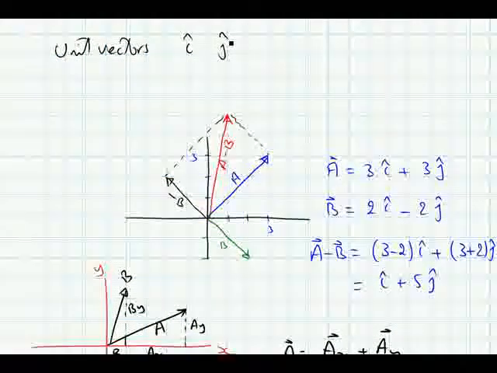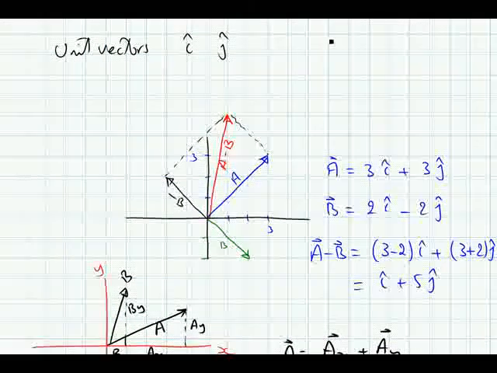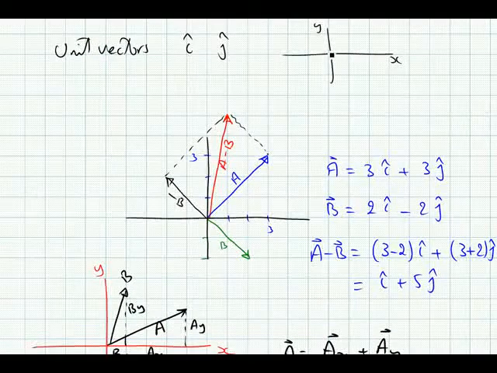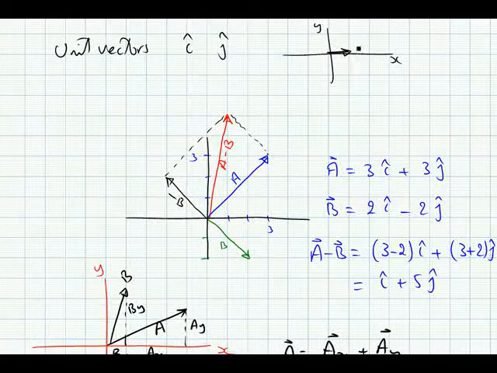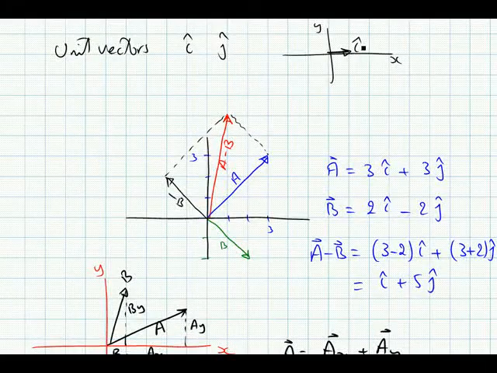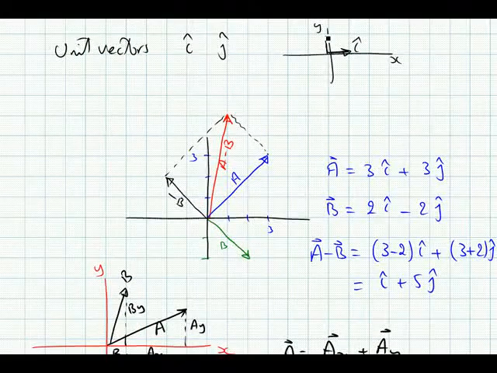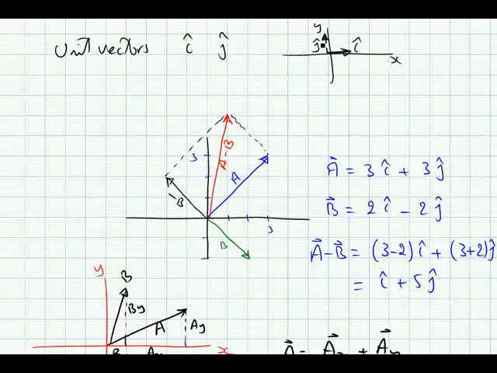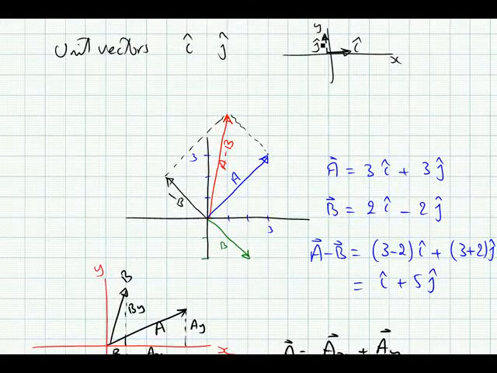Vector i is a vector which is 1 unit long and points in the direction of the x-axis, or is parallel to the x-axis. And the unit vector j is also 1 unit long and is parallel to the y-axis.